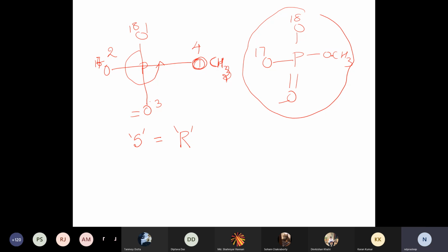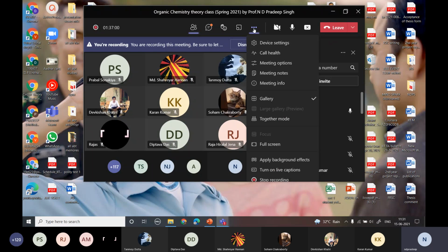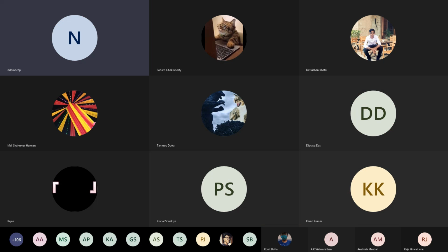Stop screen sharing. Now can you see anything?